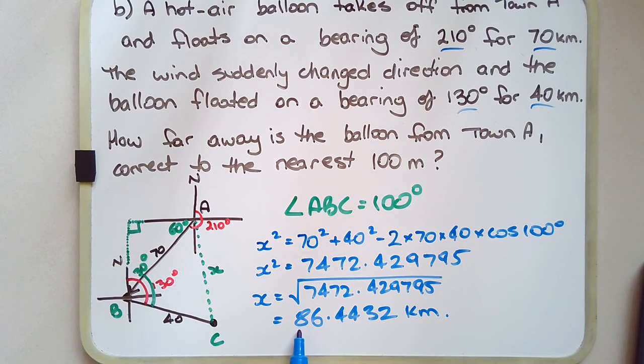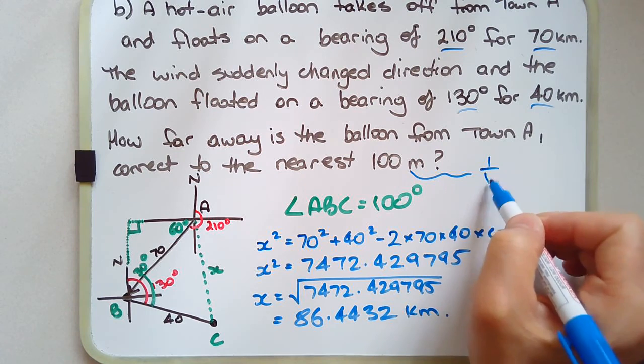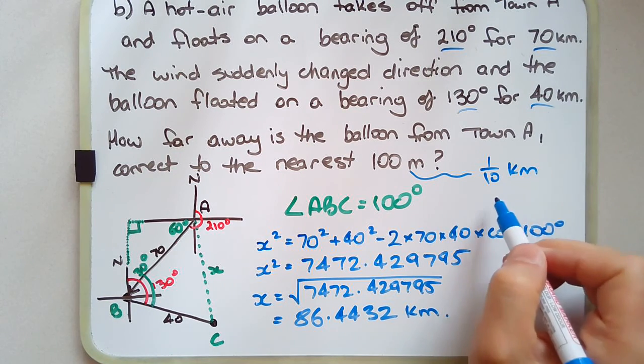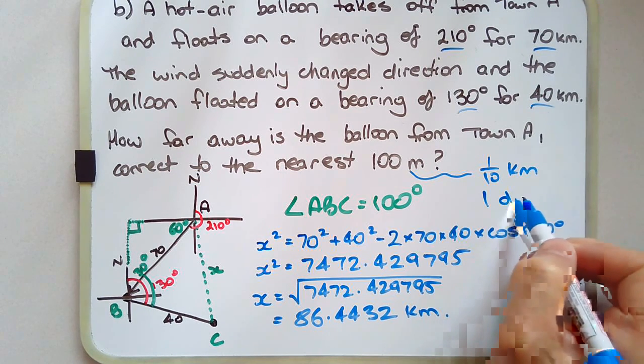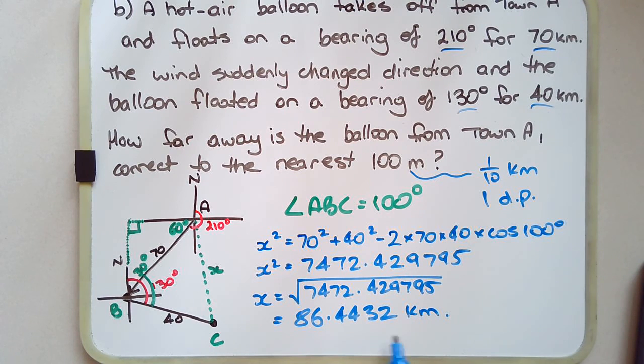So that's the tens of kilometers, that's the kilometers, the units, and that's the tenths of a kilometer. 100 meters is 1/10 of a kilometer, which means 1 decimal place. So we're going to round this to 1 decimal place. That's the nearest 100 meters. So it's going to be 86.4 kilometers away from town A, from base camp.